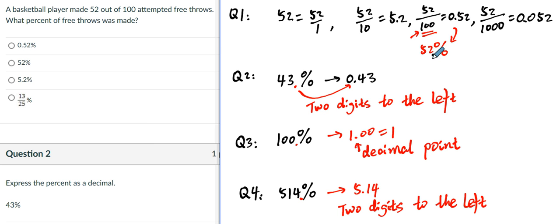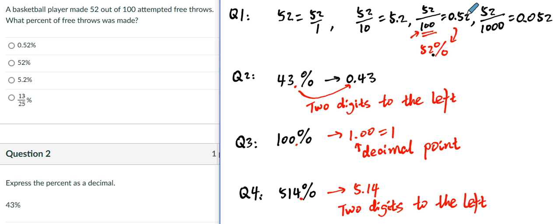So that means if you want to convert a percent to decimal, really what you need to do is shift this decimal point 2 digits to the left. You see, it was here behind 2, now it goes to the front of 5. So 0.52.